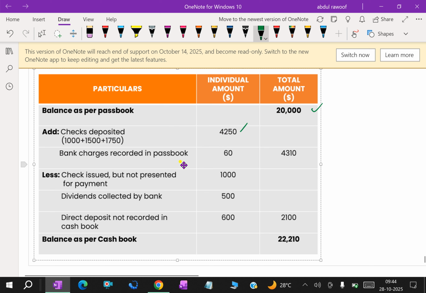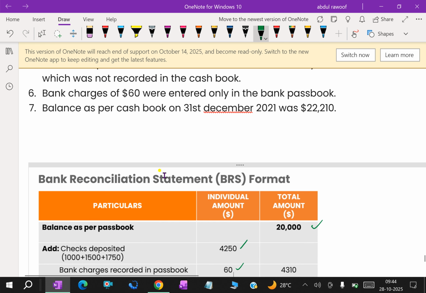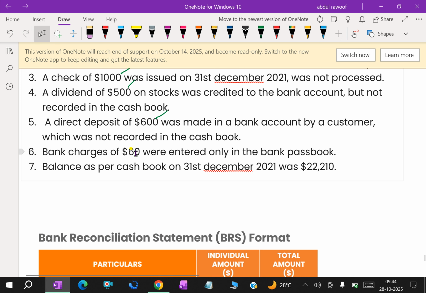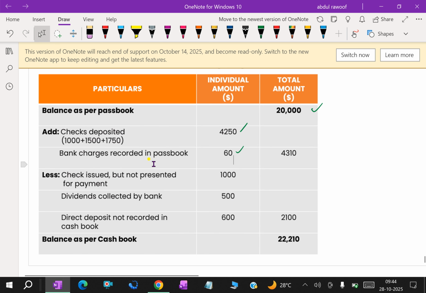Bank charge recorded in the passbook is 60. Bank charges is 60. Now this and direct deposit not recorded in the cash book. Adding 1,500 and 600 is 2,000. This together is here.